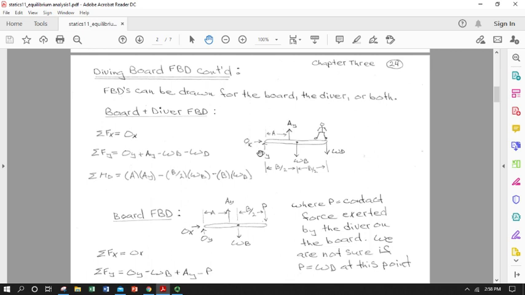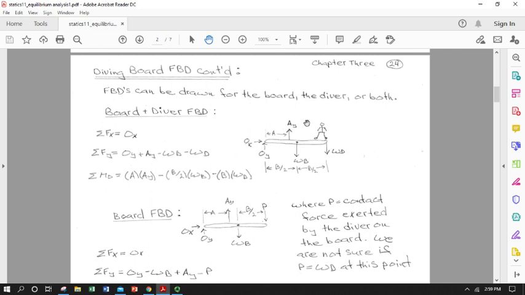So that's creating a moment that would be oriented into the page. And remember, moments are vectors. So you would write those with a double-headed arrow, or an arrow with a turning indicator around it. And then the moment from the diver is the full B crossed into WD, and that's also going into the paper. So that's the sum of the moments about O.